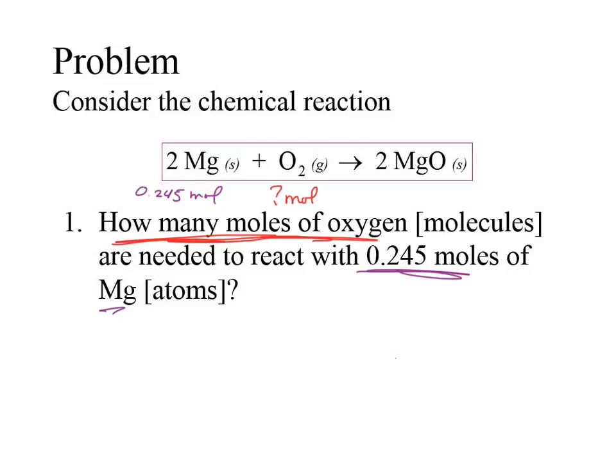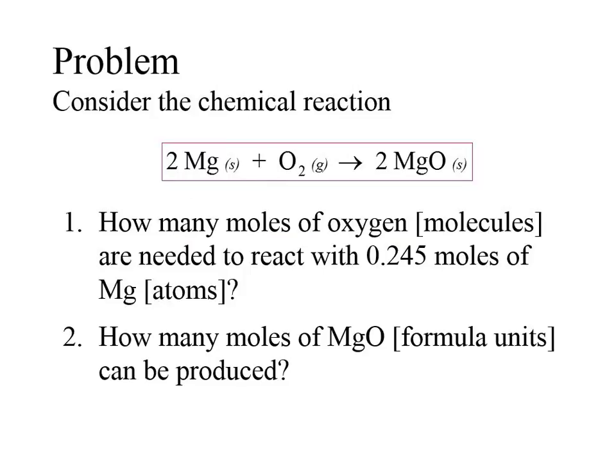Now I'm going from a reactant, moles of magnesium, to moles of oxygen. The next one we're going to work probably could be cleaned up. The question's not worded real well, but that's okay. So it says how many moles of magnesium oxide. Now magnesium oxide's the product, so I'll write question mark moles over here. So this is the second one.